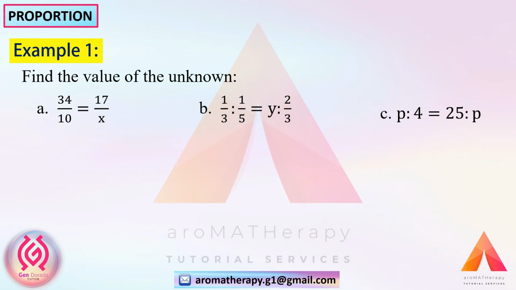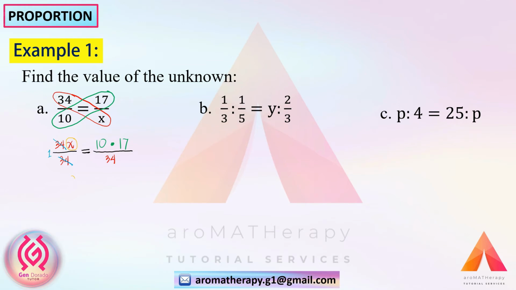Let's start with letter A. We need to cross multiply and solve for the value of x. So here we have 34 times x, 34x, is equal to 10 times 17. Divide 34 to both sides of the equation. 34 will be cancelled, and so we are left with x.